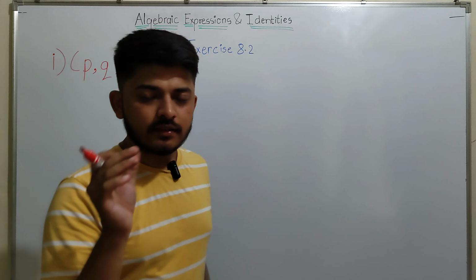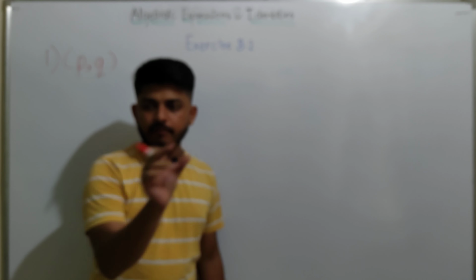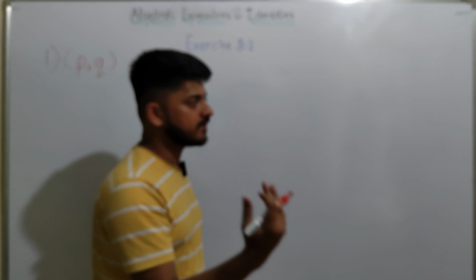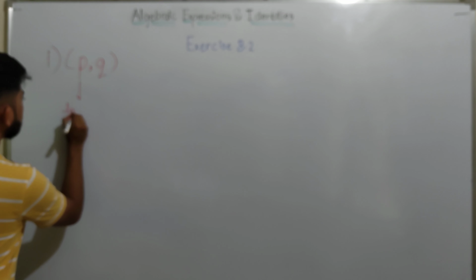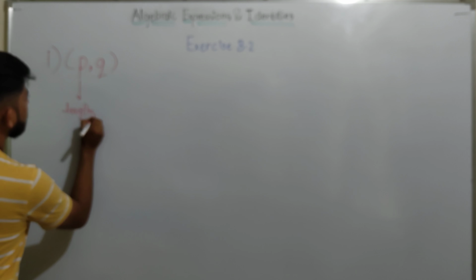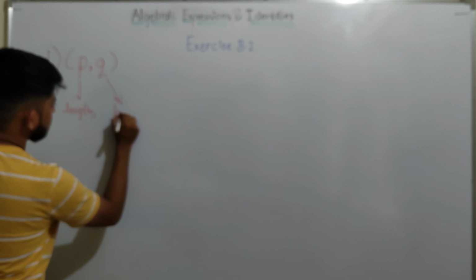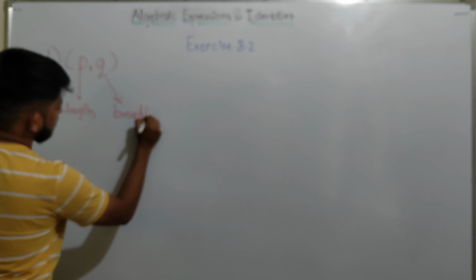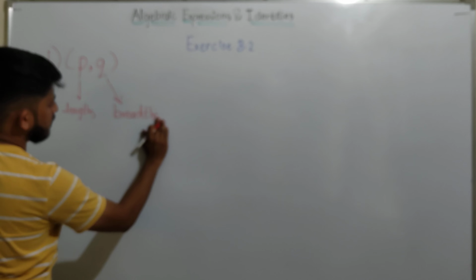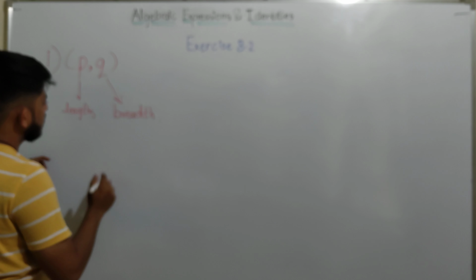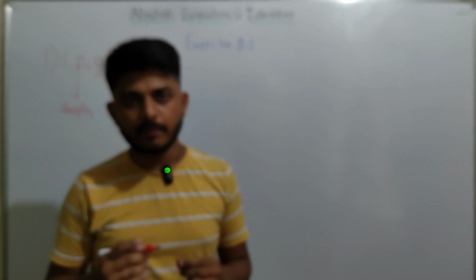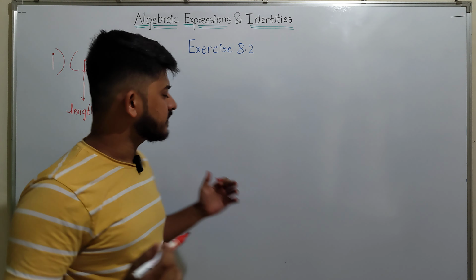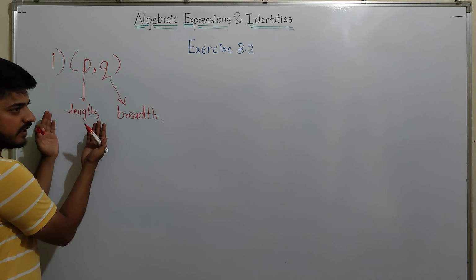Now see here, in the main question, they have mentioned lengths and breadths respectively. So length and breadth. These are the monomials as their lengths and breadths respectively given in that question.